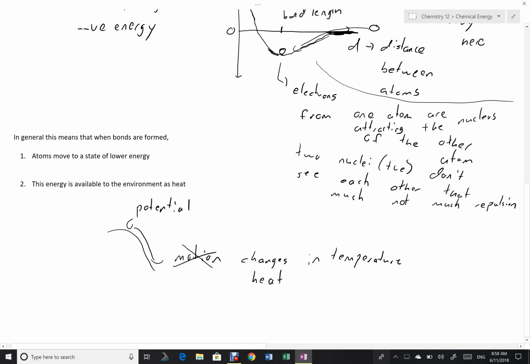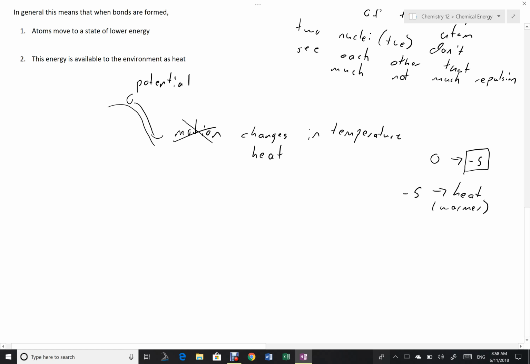That energy that they've decreased, if they went from 0, say, to -5, that -5 that's now available can be used by the environment to make heat or to make it a little warmer. So most bond formation then is what we call exothermic, or energy is being released from atoms to the environment.